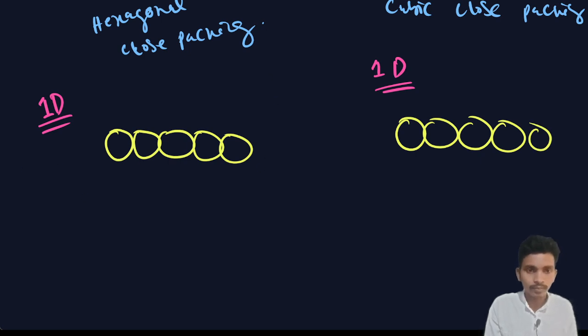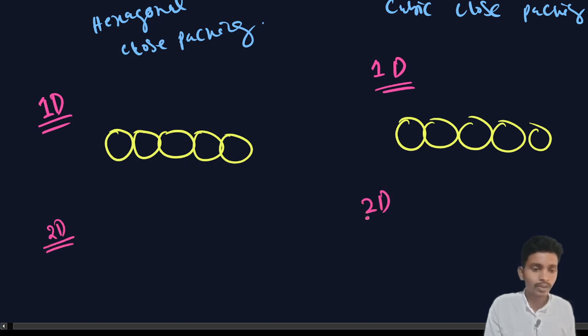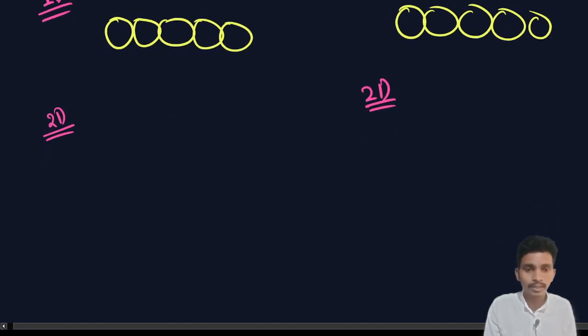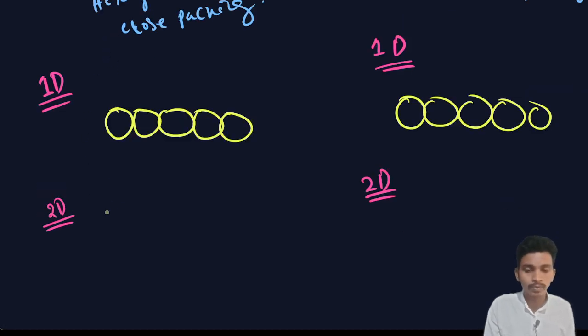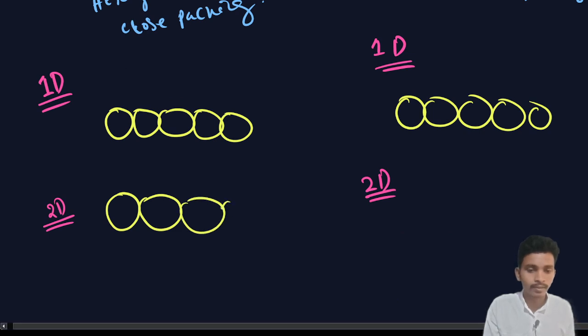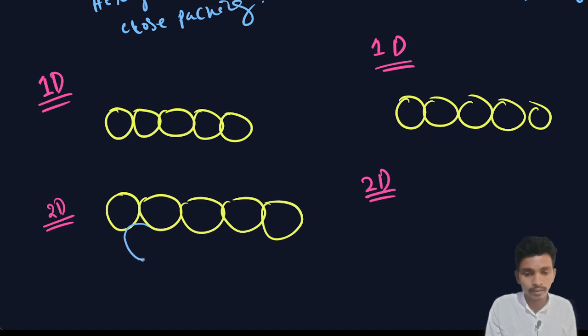Okay, and two dimensions, but from two dimensions we get the difference. For this case, this is the HCP and this is the CCP. For HCP, what we see is that this and this, the next lattice point will not be here, that will come to this point.